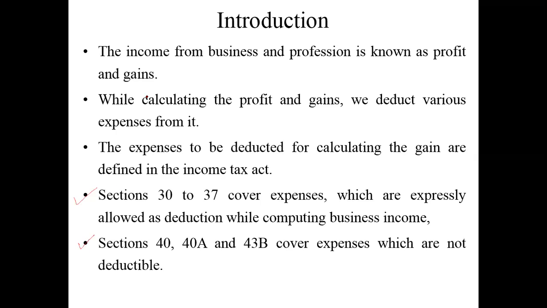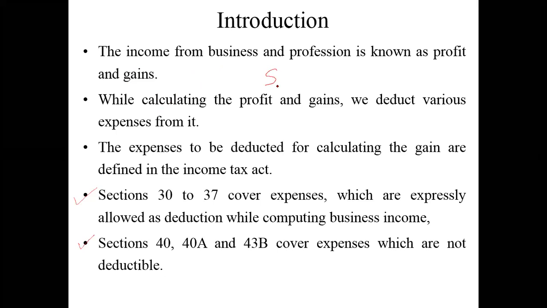So basically, this slide tells you how we arrive at the profits, or how we arrive at gains. A company always has sales, so sales minus expenses. Here we have to understand what are permissible expenses and what are not permissible expenses, and when you give a treatment to these permissible and non-permissible expenses, we arrive at profits.